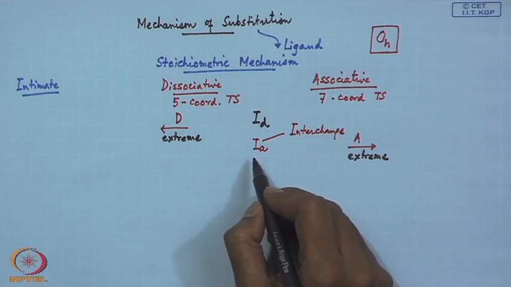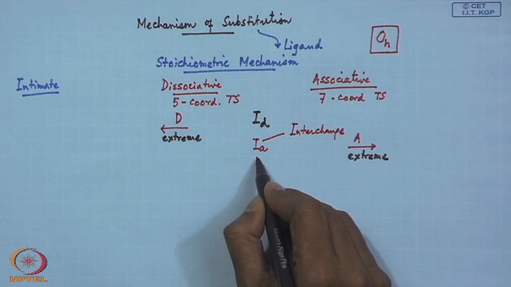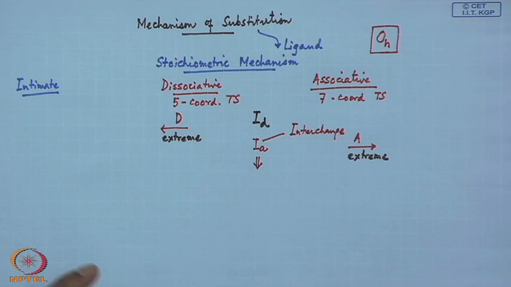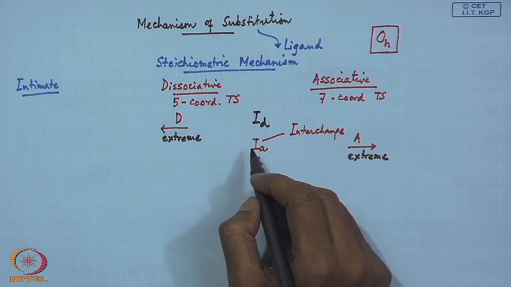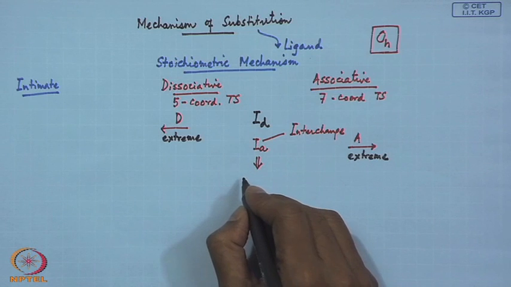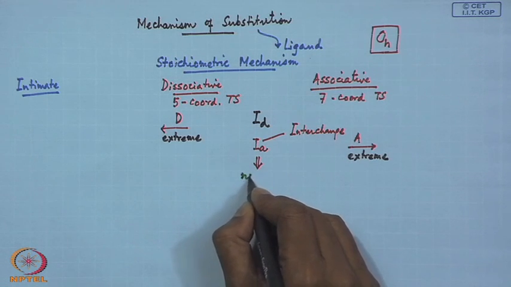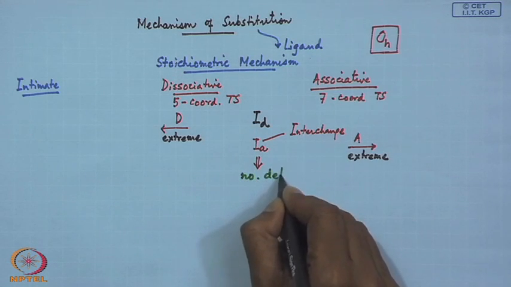In these two particular cases, the incoming ligand is presumed to assist the reaction, but no detectable intermediates appear.